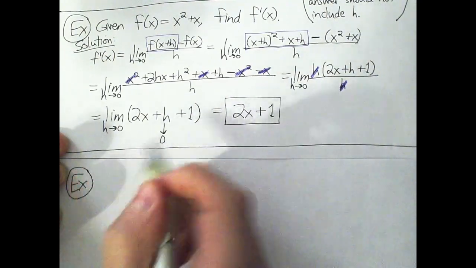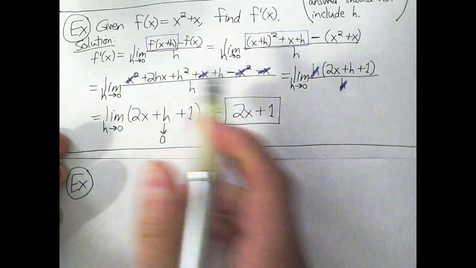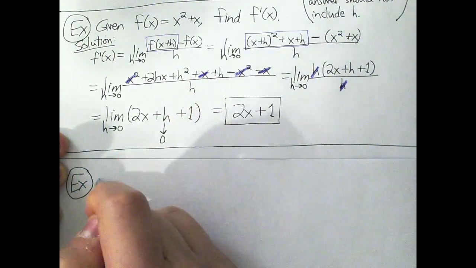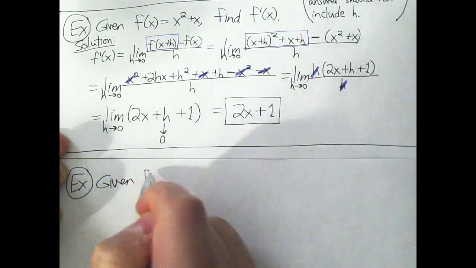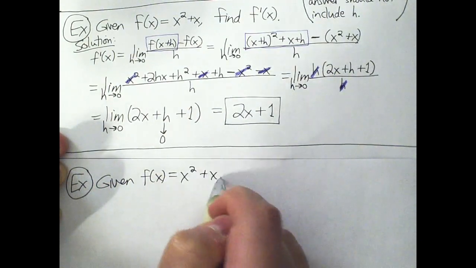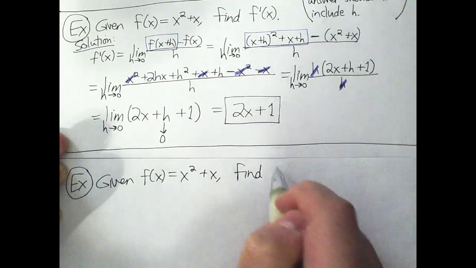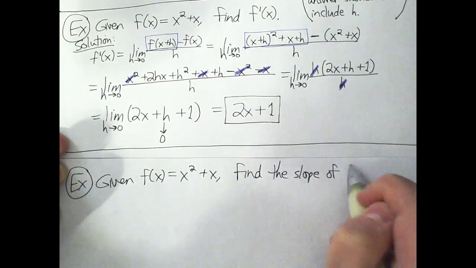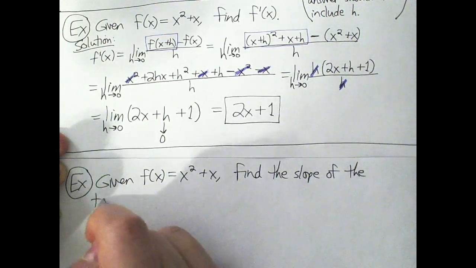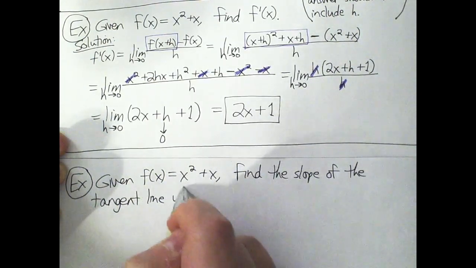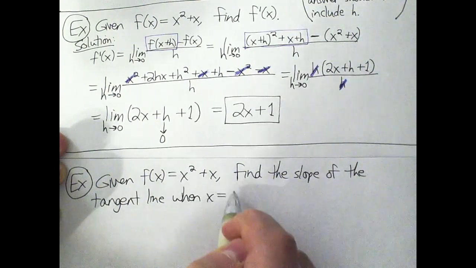So I've got a little follow-up question here, and I'm going to talk us through this follow-up question to the one we just did. Let's say we're given that same function, and let's say we want to find the slope of the tangent line when x equals 5.